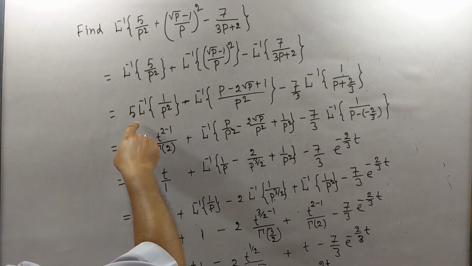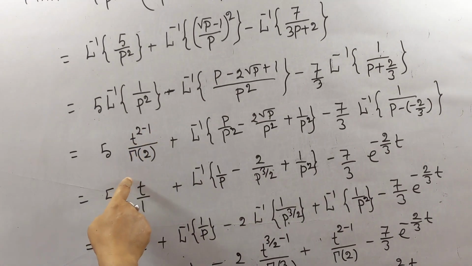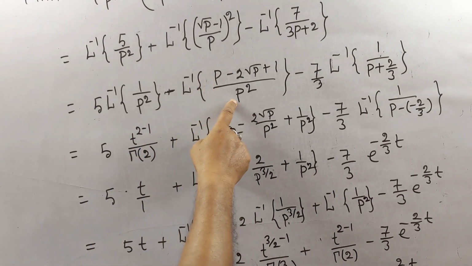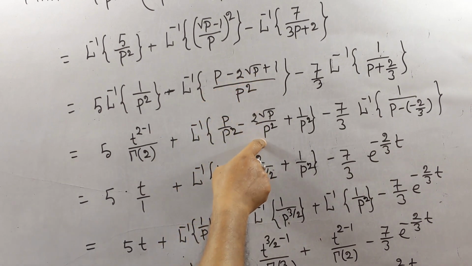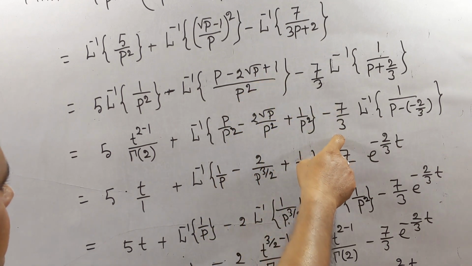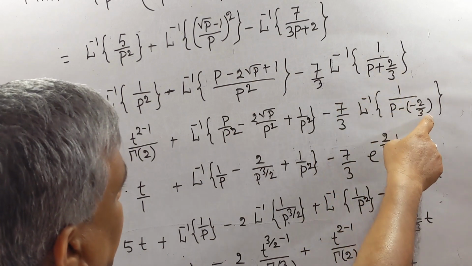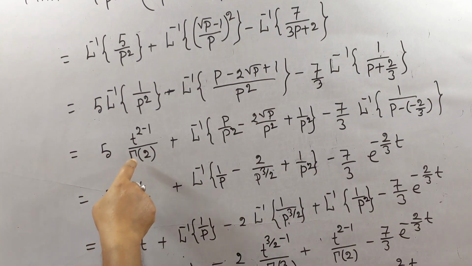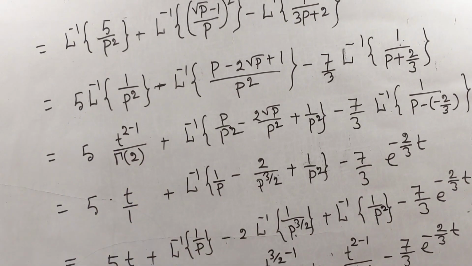Here 5 L inverse 1 by p square is t to the power 2 minus 1 by gamma 2, plus L inverse of square root p minus 1 by p square, minus 7 by 3 L inverse 1 by p plus 2 by 3. Here we get only t, gamma function of 2 is 1.